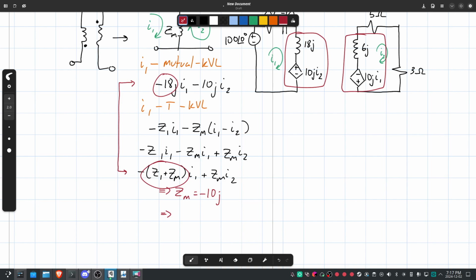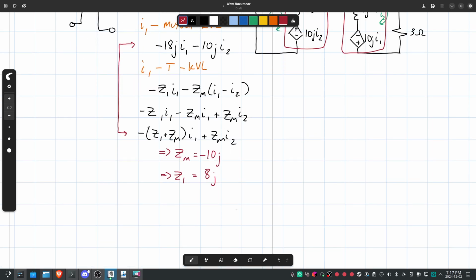So Z1 must equal 8J. Is that correct? No, that's not correct. It's supposed to be equal to 28J. 28 minus 10 is equal to 18. You apply that negative sign, you get negative 18J.